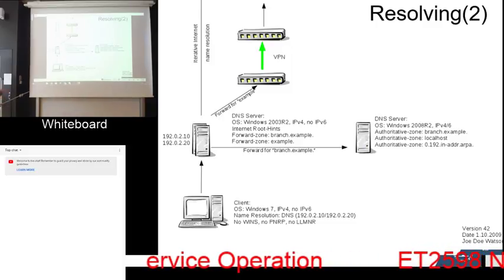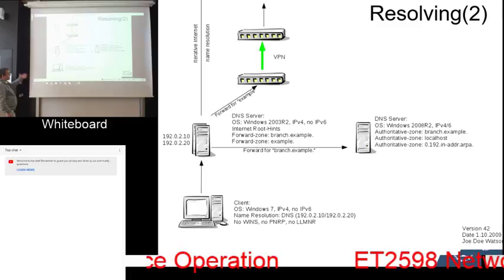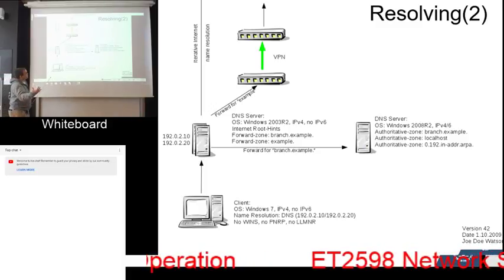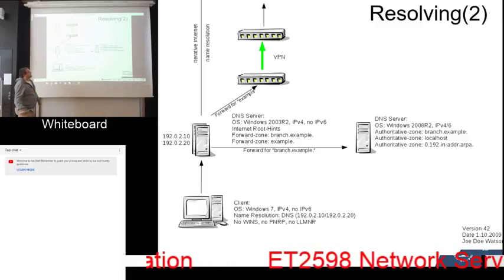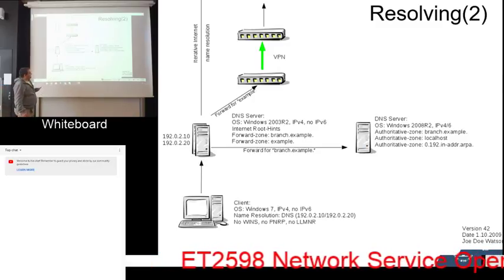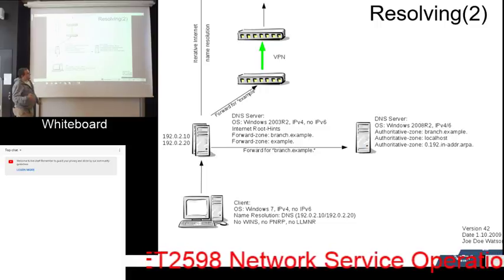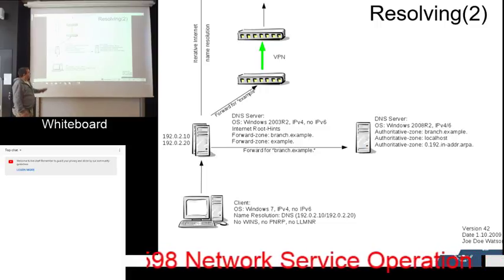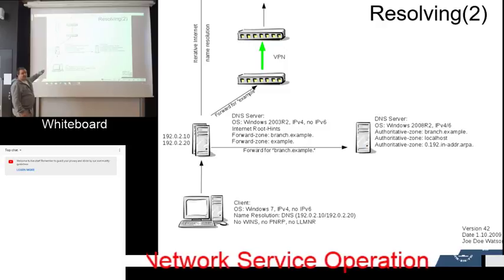So let's take this as the case. We're looking up something that is called branch example. This guy asks for a.branch.example. The request comes here.